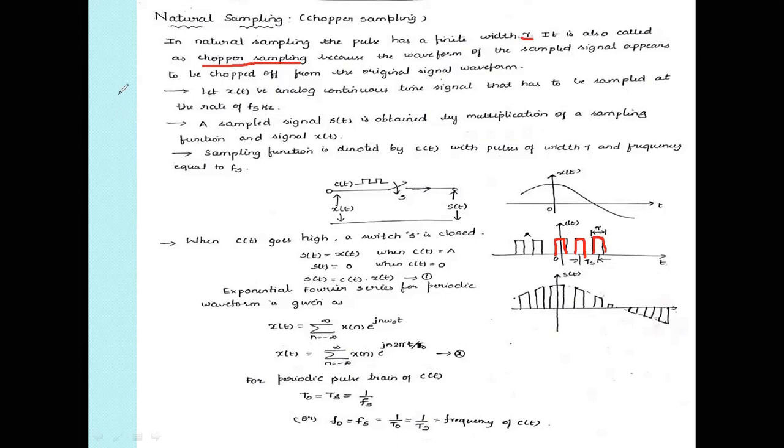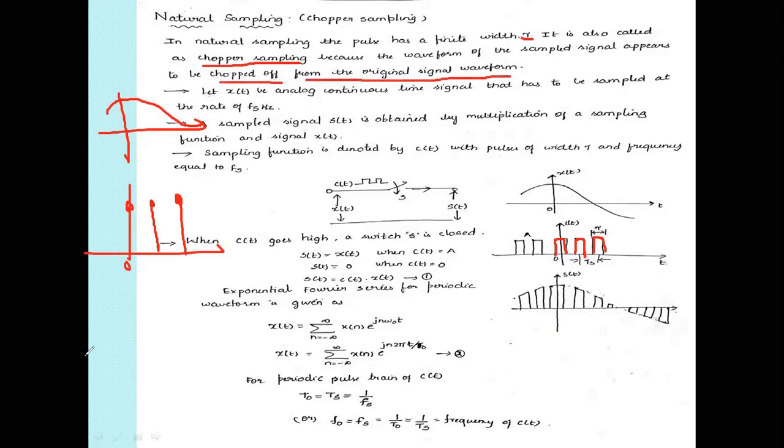In the instantaneous sampling, the same x of t signal is sampled with the impulse signal. Here there is no width. But in natural sampling, the pulse has a finite width of tau, and it is also called Chopper sampling because the waveform of a sampled signal appears to be chopped off from the original signal waveform.